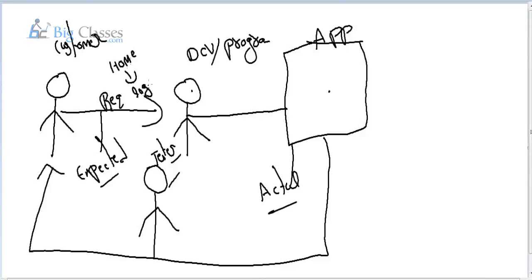This is my small requirement. But my programmers are very talented people. Without the home page, they directly developed the login page. So my customer expected the home page first, but my developer gave the login page.